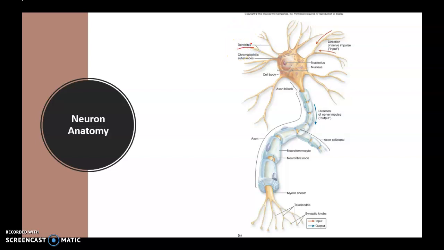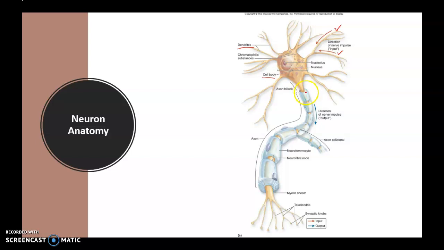I want you to know that dendrites are the receiving ends. Information travels towards the dendrites as shown by the red arrows here. So dendrites receive and bring the information towards the cell body. The bulb-like structure is the cell body, also known as soma.